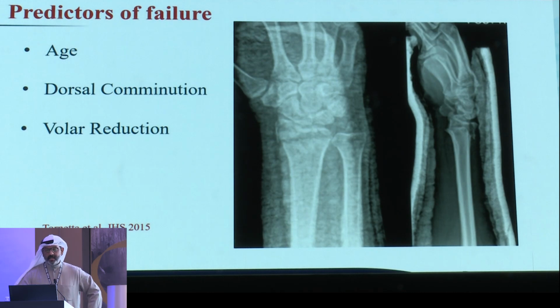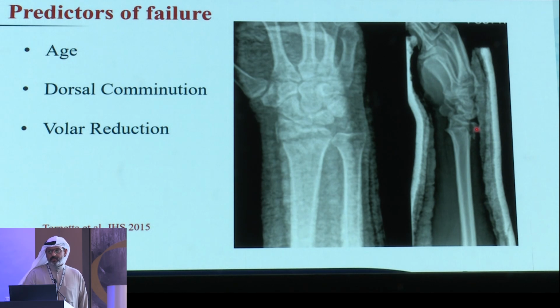Okay, so if you see in the lateral view, the dorsal chip, some surgeons take it very lightly. They say, oh, this is a small one, I can leave it alone. They say, okay, this is a very small chip, it will not affect the fracture.